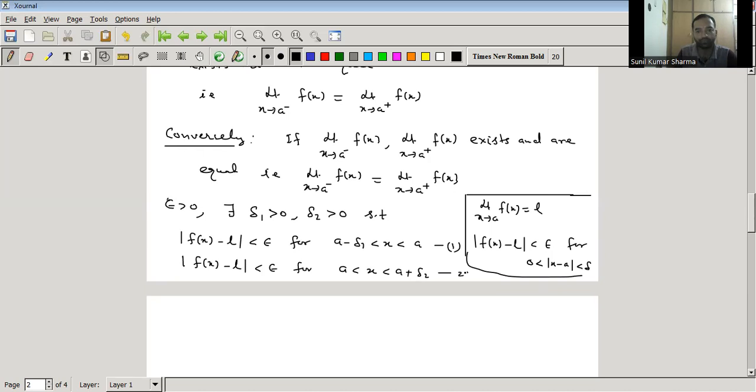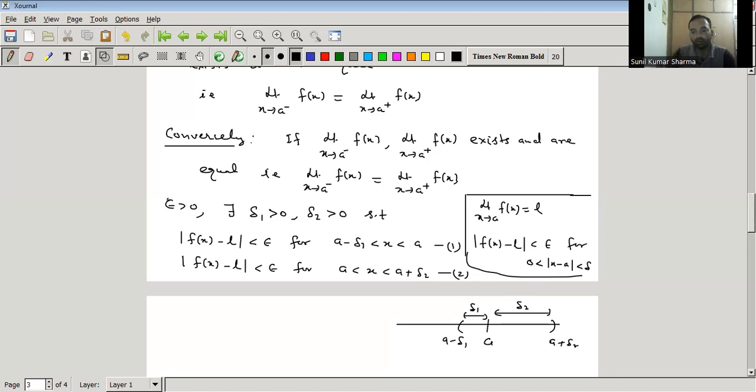So these are two equations. For the left hand limit we get some positive real number delta 1, and for the right hand limit we get delta 2. If this is my point a, for the left hand limit I take this distance to be delta 1, so this is a minus delta 1, and if I take this to be delta 2, then this point is a plus delta 2.